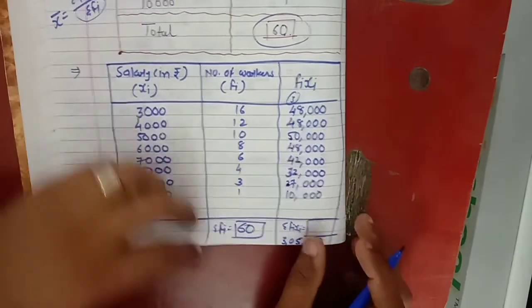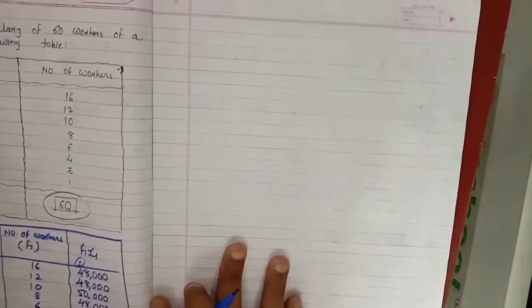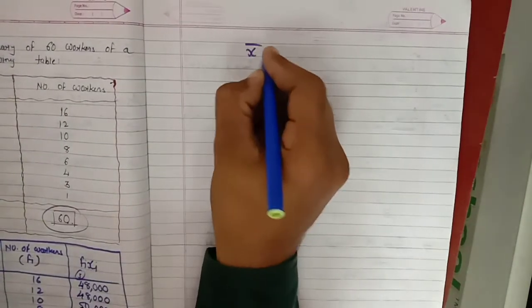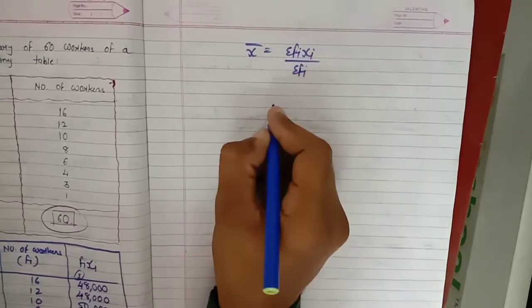Check the sum again. So you get x bar equals sigma fi xi upon sigma fi. The value of sigma fi xi is 3,05,000.